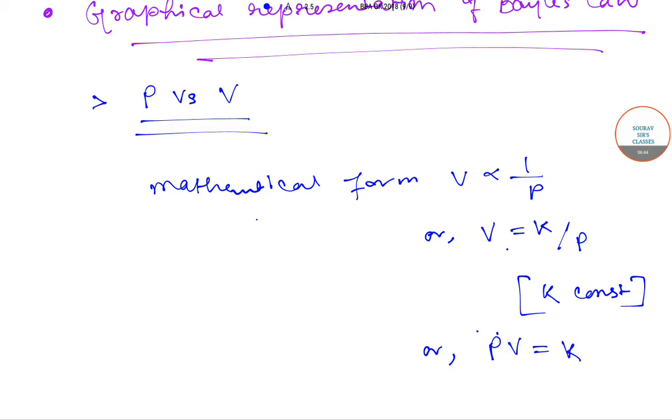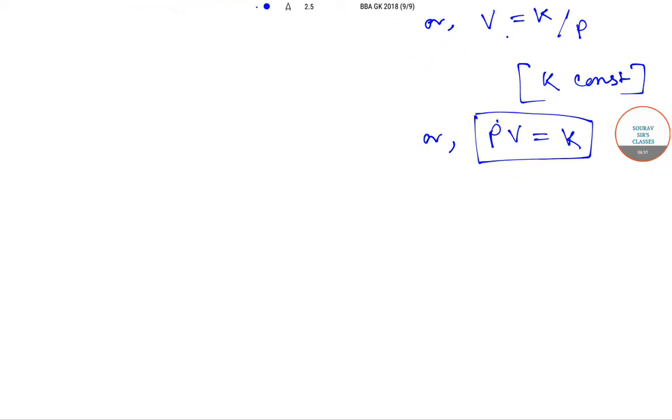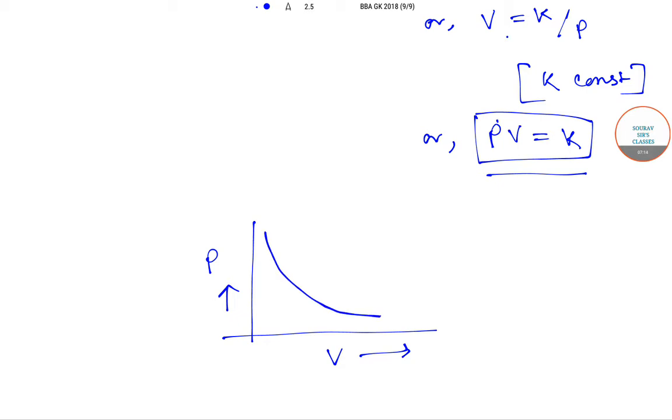Then if PV equals K is the condition, what will be the graphical representation of Boyle's law? The graph is like this. This is our x-axis for volume, and for the y-axis we are taking P. If PV equals constant, then our graph will look like this.